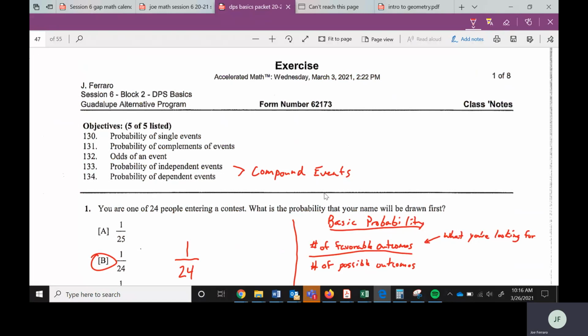So what's the probability of rolling a 6 and then rolling a 2, or rolling an even number then rolling an odd number, or, dealing with cards, what's the probability of pulling a heart, putting it back, and then pulling a heart again. Things like that would be compound events.